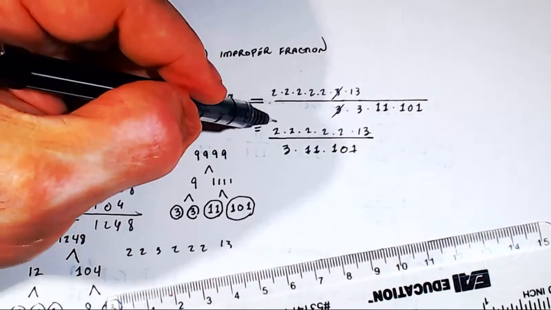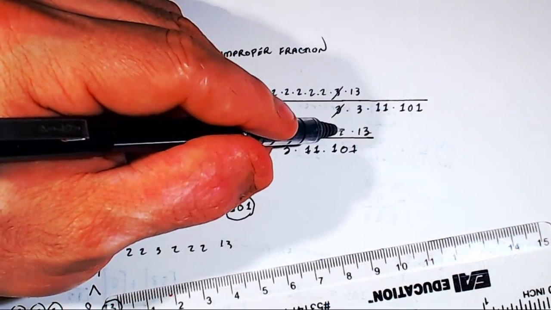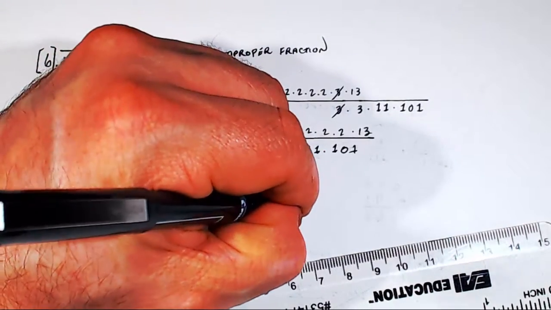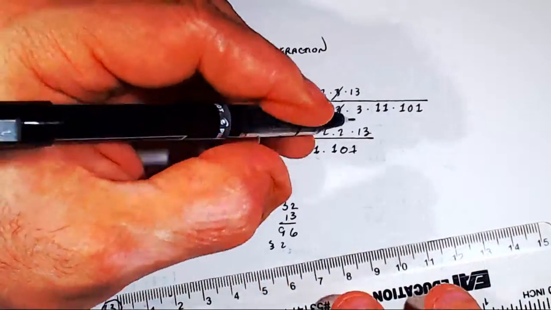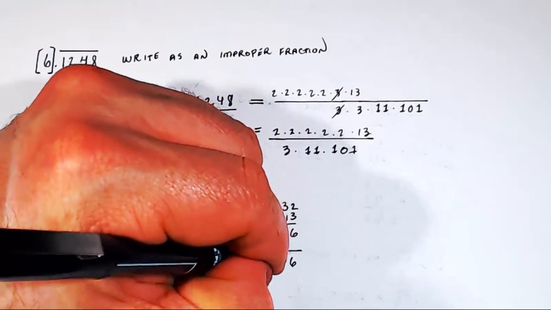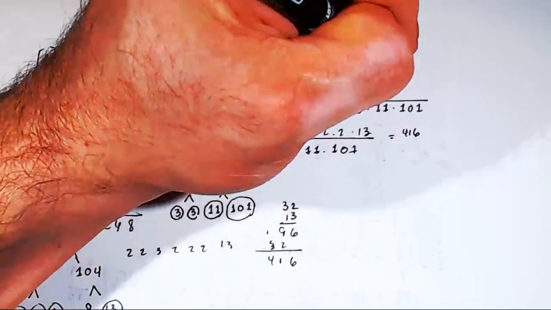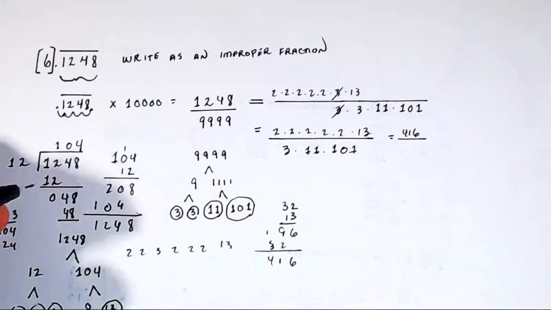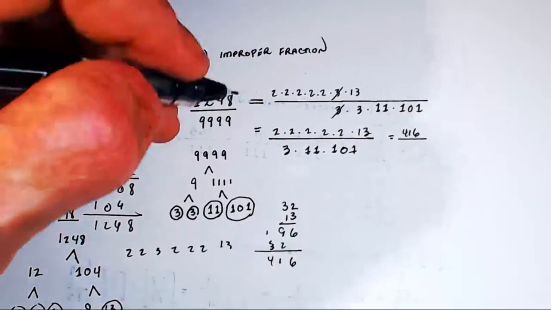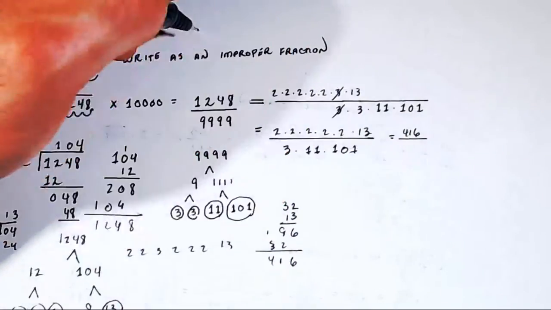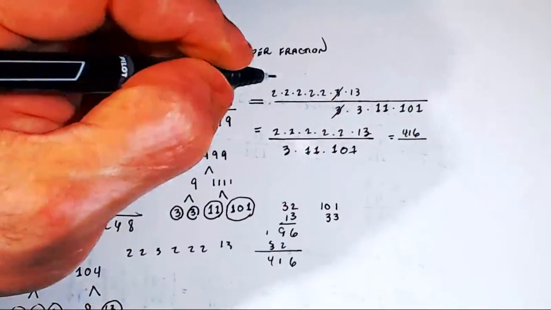Okay, well, we can do this. What's 2 times 2 is 4, times 2 is 8, times 2 is 16, times 2 is 32, times 13. 32 times 13 is 416 over 3 times 11 times 101, which is just 33 times 101.